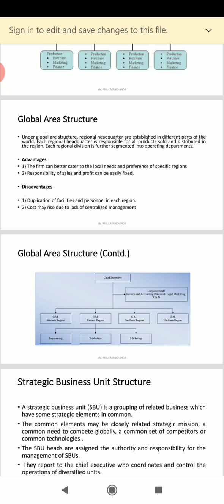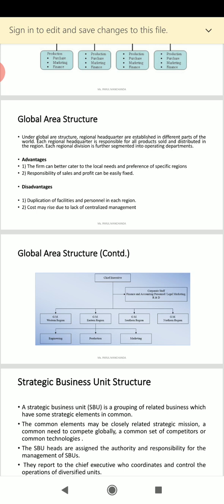Further, this can be divided in the form of vice president United States operations, vice president Canada operations, and vice president Mexico operations. So we have a regional head, and under that regional head we have classifications based on specific regions, which can be USA, Canada, and Mexico, right?